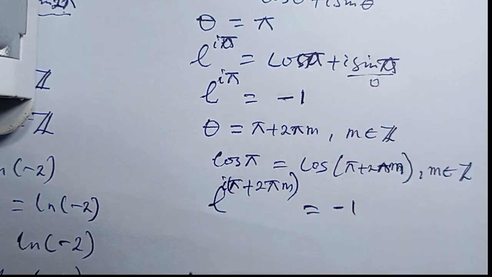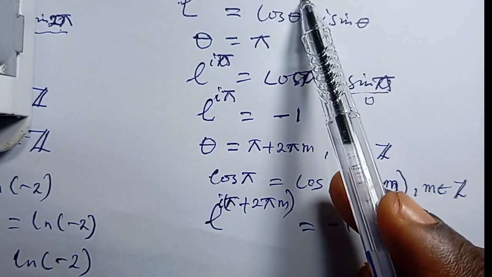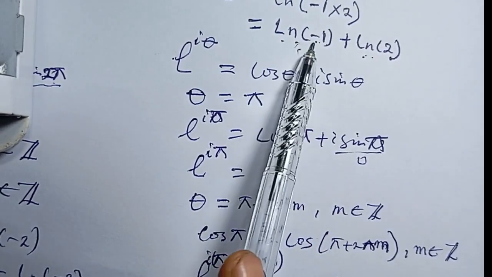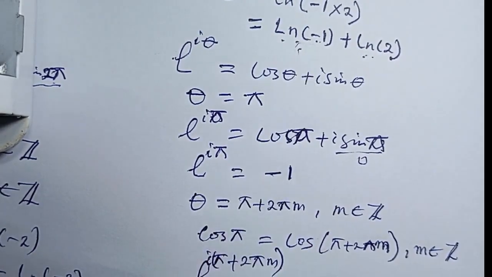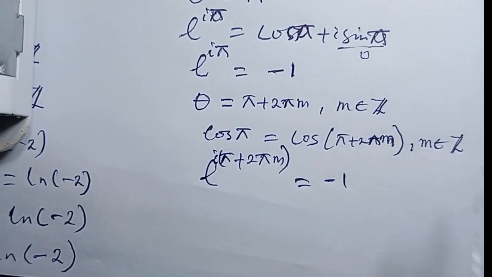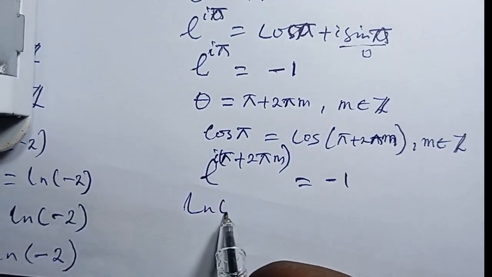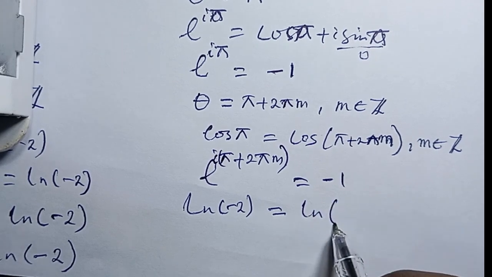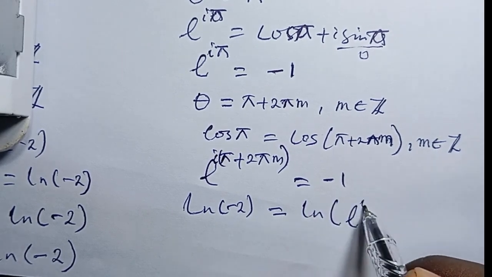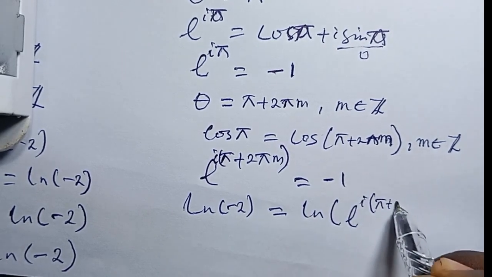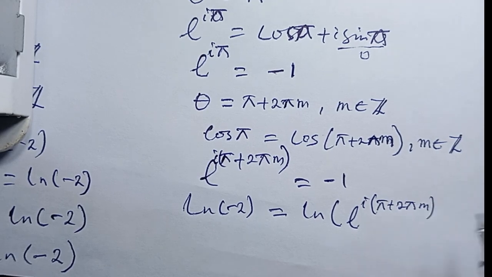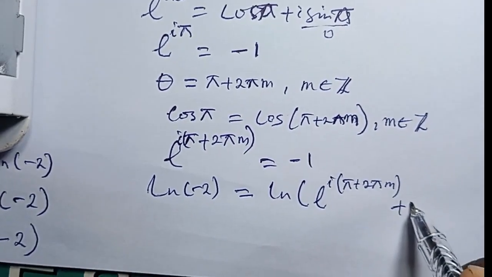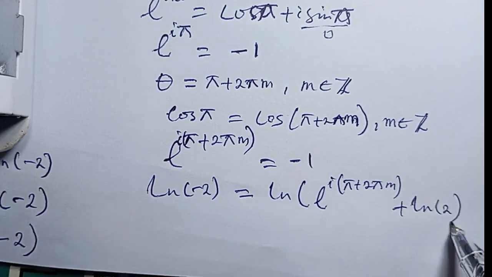In place of this negative 1, we replace it with this exponential equation, so that the natural log of negative 2 now becomes the natural log of e to the i into pi plus 2 pi m, plus the natural log of 2.